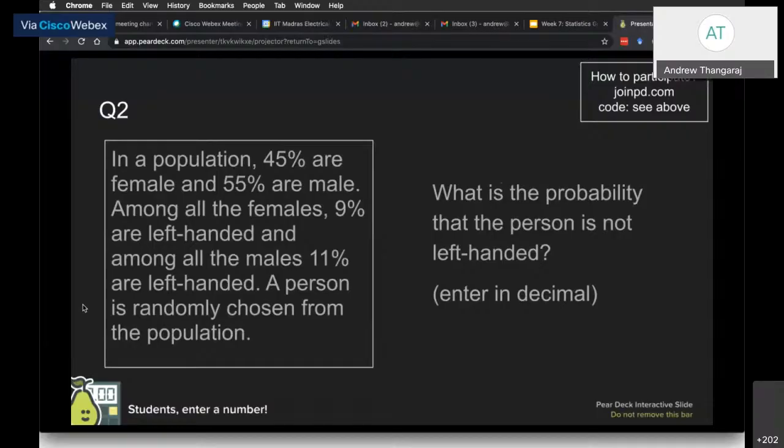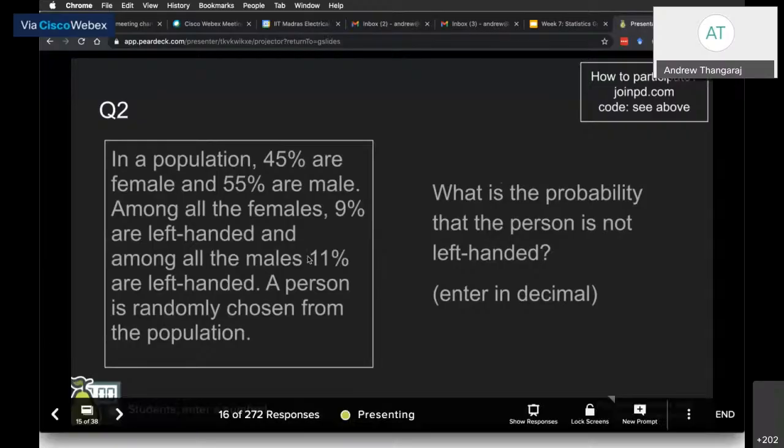You choose a person at random, and you have to calculate the probability that the person is not left-handed. So here's a new rule. You will need a new rule for this. So far, I've not told you what not is. If you want to find probability for not an event, it's 1 minus probability of the event. I'll describe that during the solution.